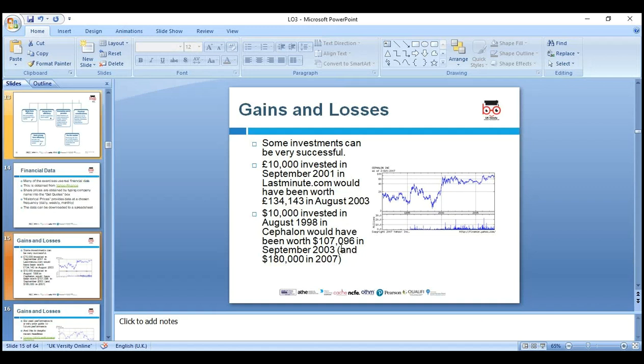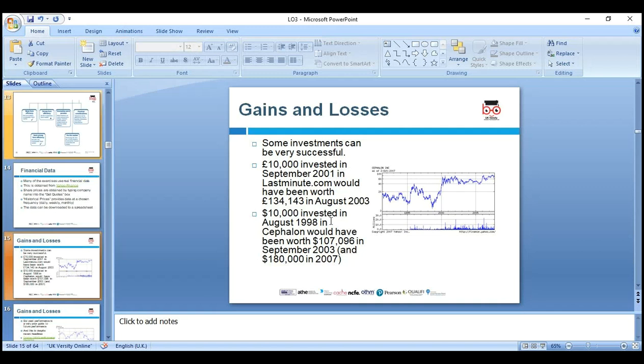So in the last lesson we evaluate, because we'll go through different securities and use different tools to evaluate all these we're discussing, so gains and losses. Some investments can be very successful.